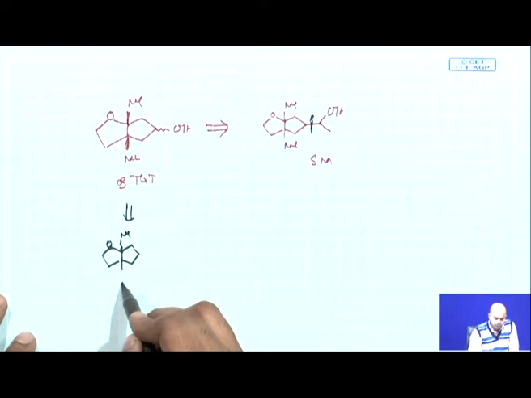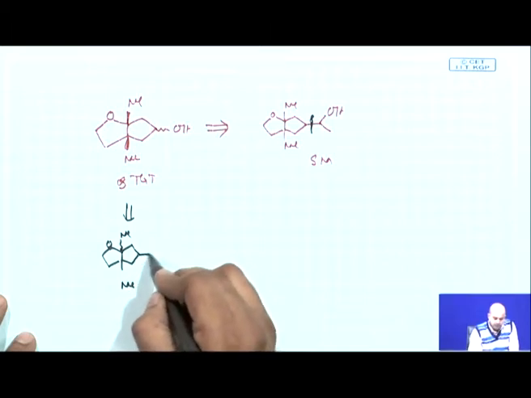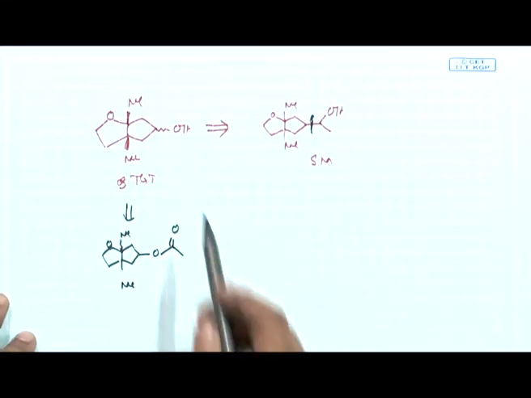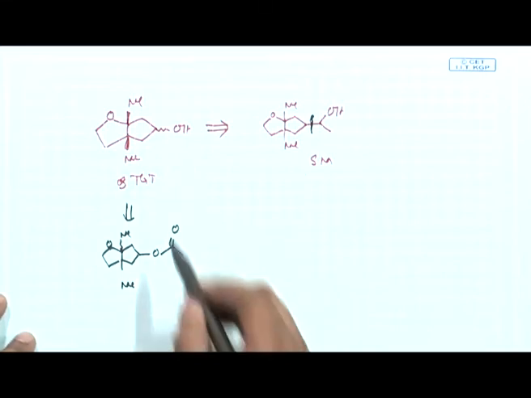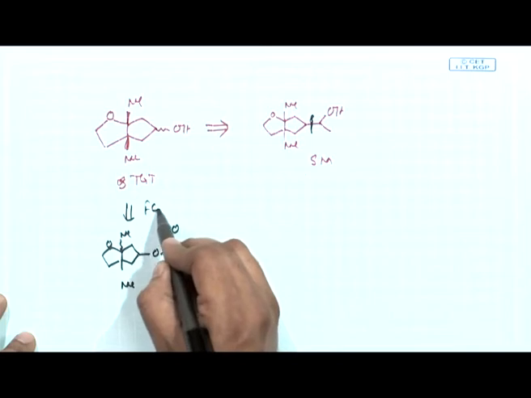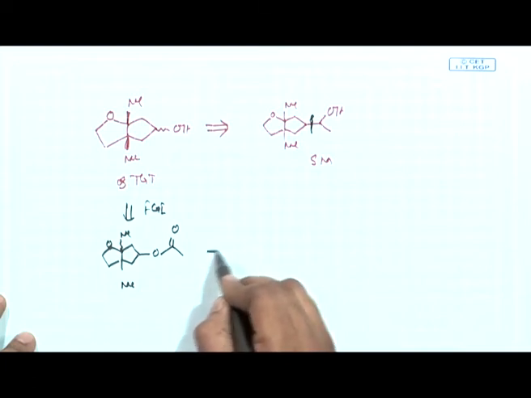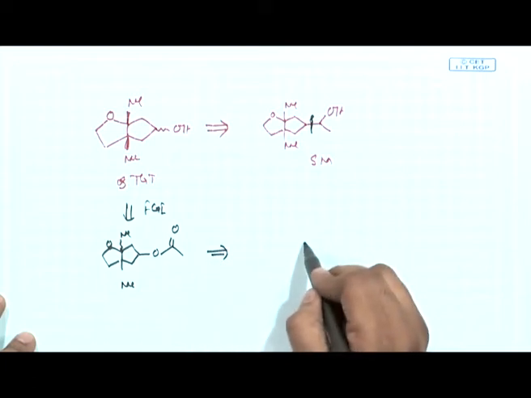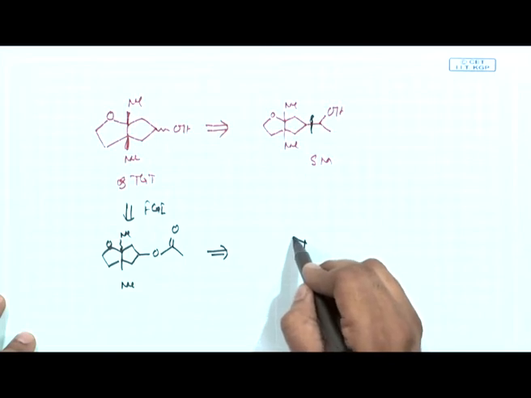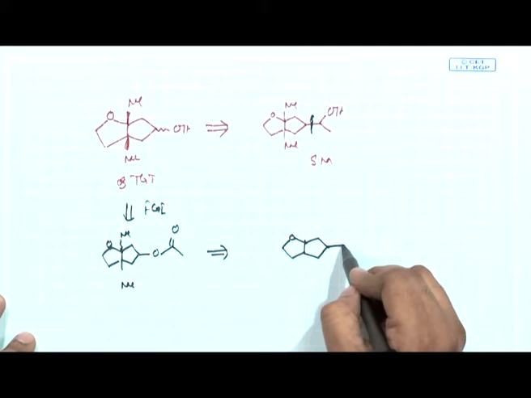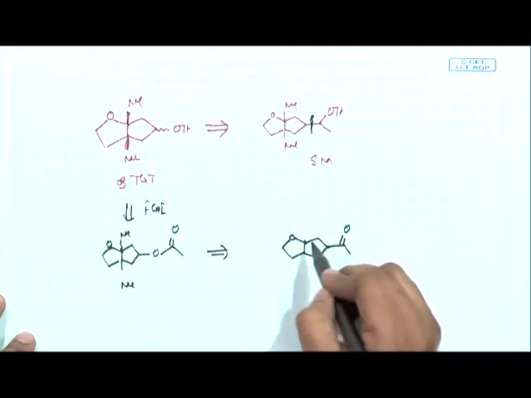Probably all of you know it, but I will try to figure it out. I will say that this alcohol comes from an acetate by simple acetate hydrolysis, which is a very classical FGI. Now, I say that this alcohol or this acetate will be created through this reaction.